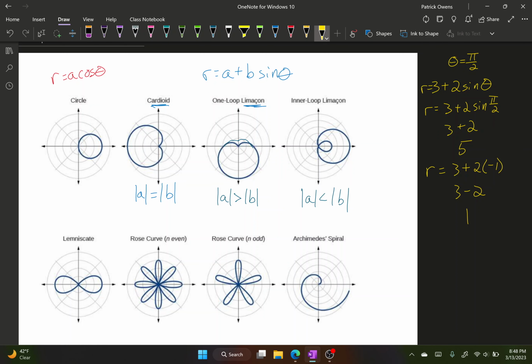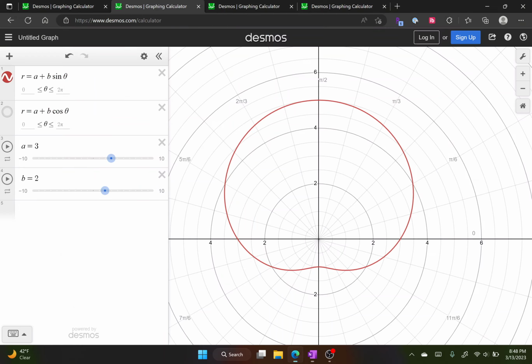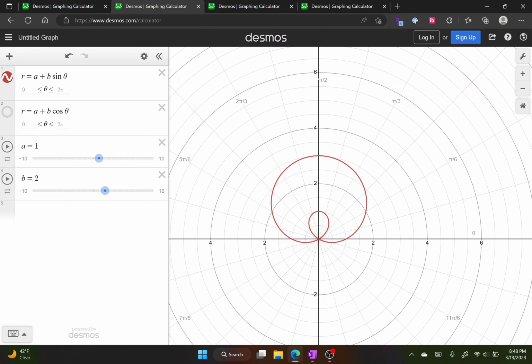Now, if B is greater than A, or you want to look at it as A is less than B, we're going to have this inner loop. So let's change A to 1. Our rules still apply for what our maximum radius is going to be. Our maximum radius is at 3 because 2 plus 1 is 3.